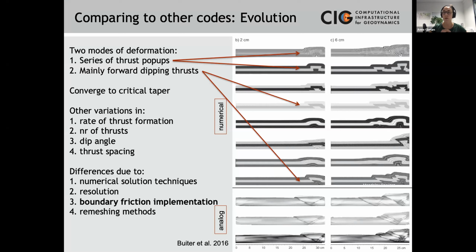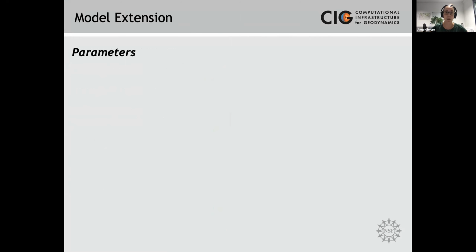So these codes used finite elements, finite differences, discrete elements, boundary elements, etc. They use slightly different resolutions, and if they had remeshing, the methods were also different, but the most important cause of variation was the implementation of boundary friction. So whether they described a force or a thin boundary layer like we did, how they treated this boundary layer, what happened to the particles when they left this boundary layer, etc. So I just wanted to make you aware of that.